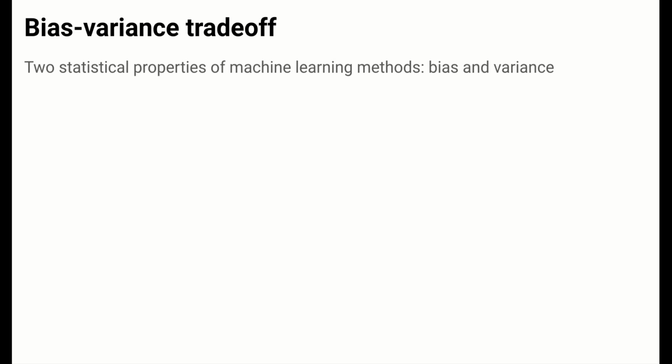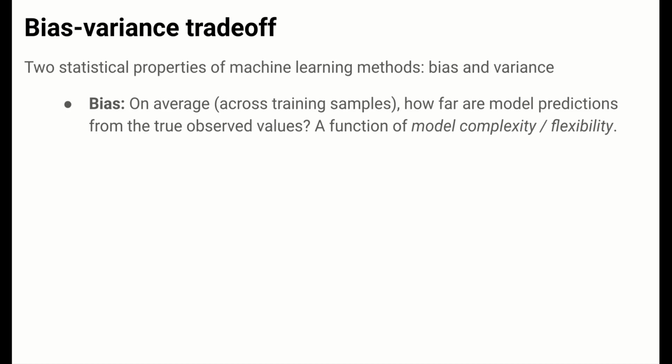The bias-variance trade-off represents a trade-off between two statistical properties of machine learning methods, bias and variance. Bias is the answer to the question, how far are model predictions from the true observed values on average? Bias ends up being a function of model complexity or flexibility. A highly complex model is one that has a lot of components to it.